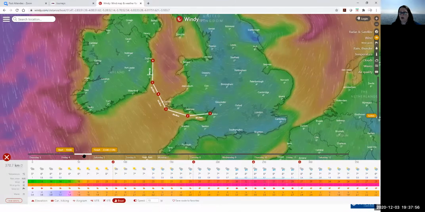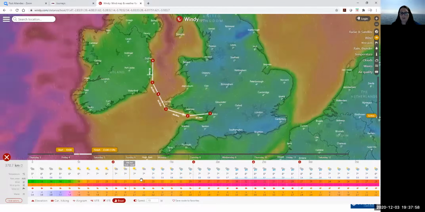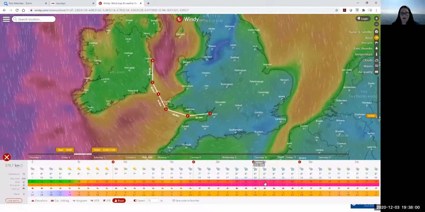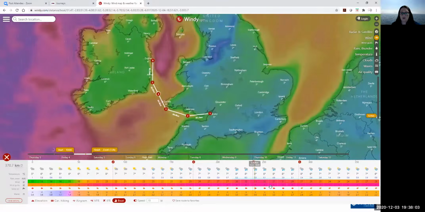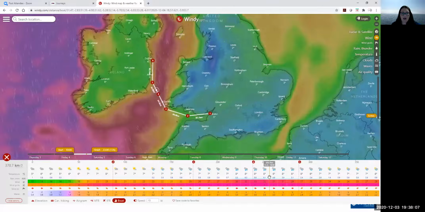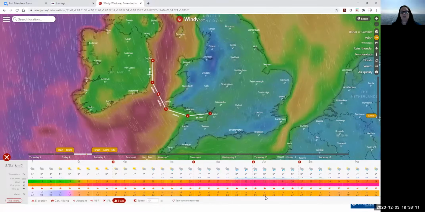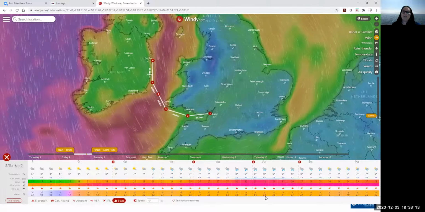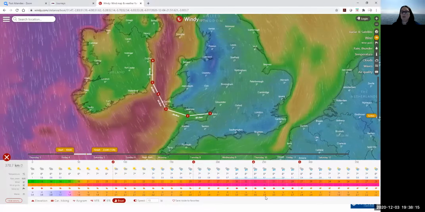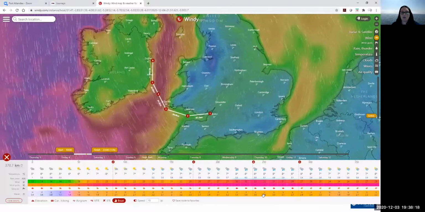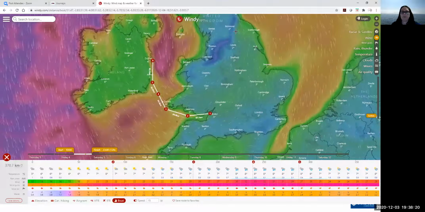It's not looking great, okay? Unless I'm looking for some serious weather, I'm getting quite a lot of wind, and I'm getting some pretty big wind gusts as well. So quite a lot of rain. My waves are up at 3.5 meters, so probably not a trip. So it's a really easy way of saying, this is my trip, perhaps when would the best day be for me to go? It's a really useful tool.